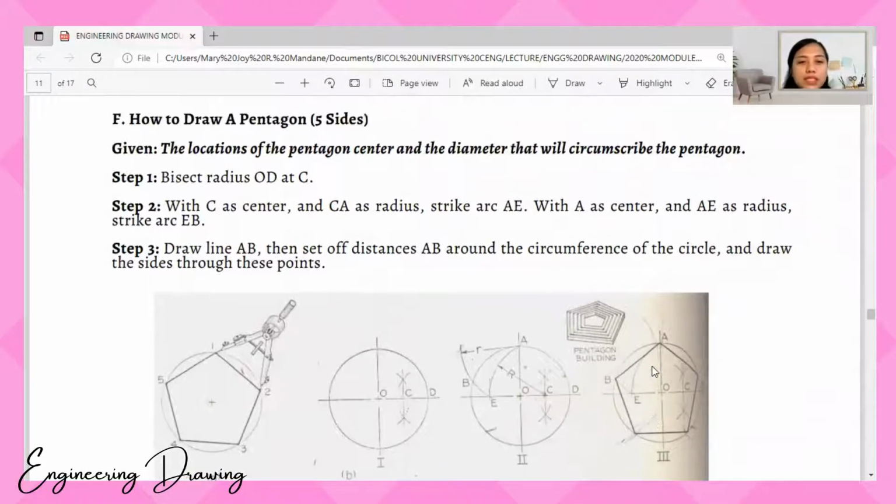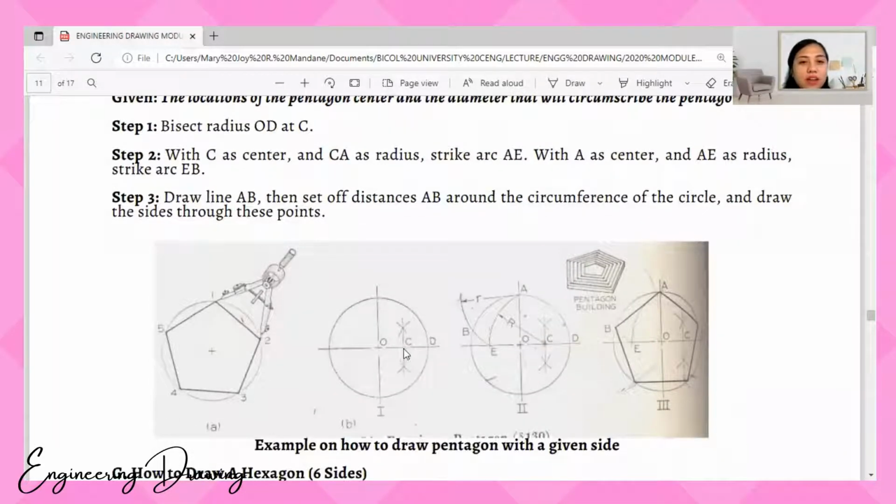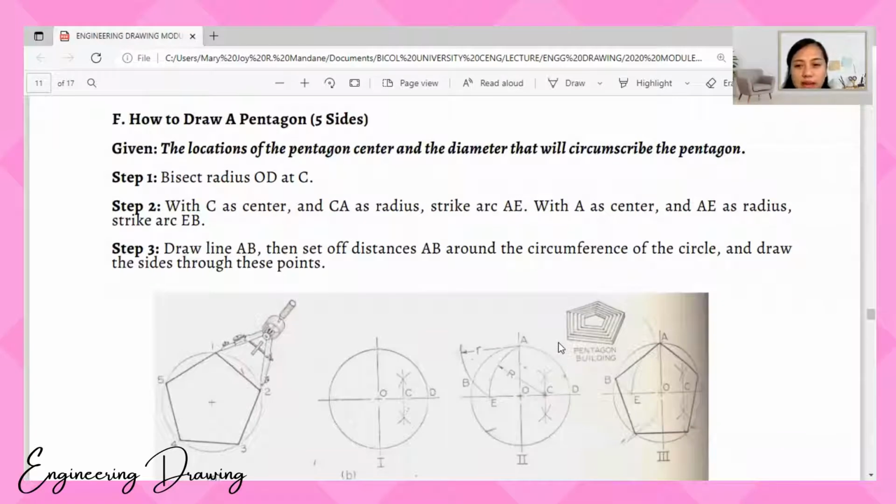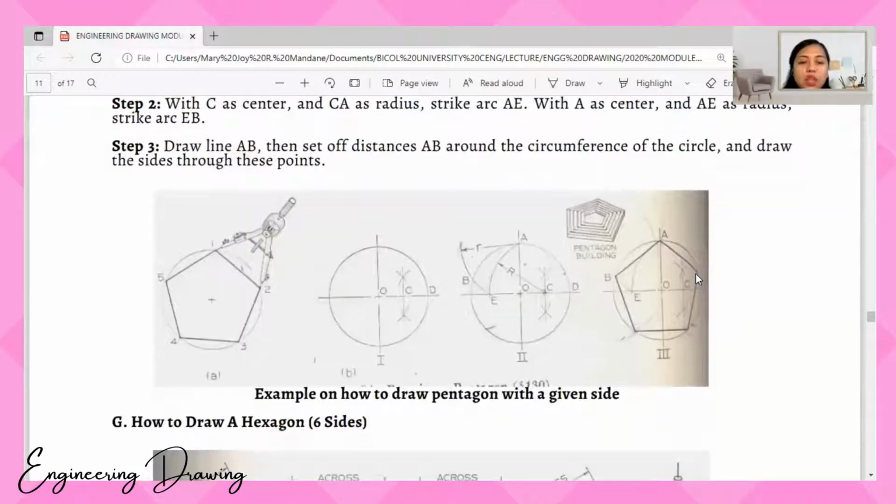And step 2, with C as the center and CA as the radius, strike arc AE. With A as the center and AE as the radius, strike arc EB. Draw the line AB, then set off distances AB around the circumference of the circle and draw the sides through these points.